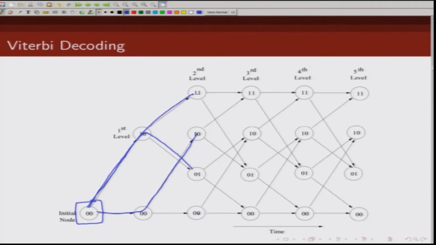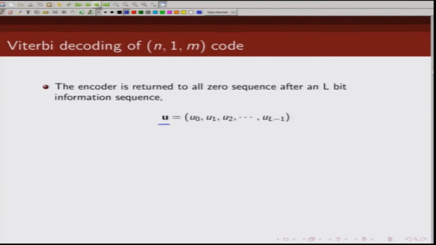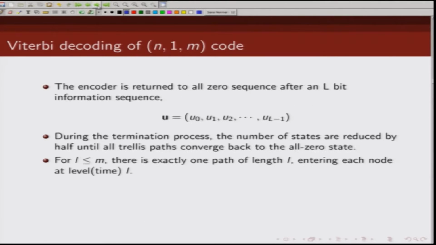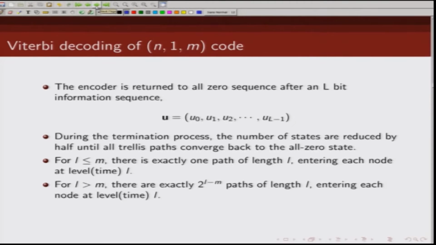So, until time is less than or equal to memory order, there is exactly one path of length L entering each node at each time. And for L greater than m, there are 2 raised to power L minus m paths of length L entering each state at each time instance.